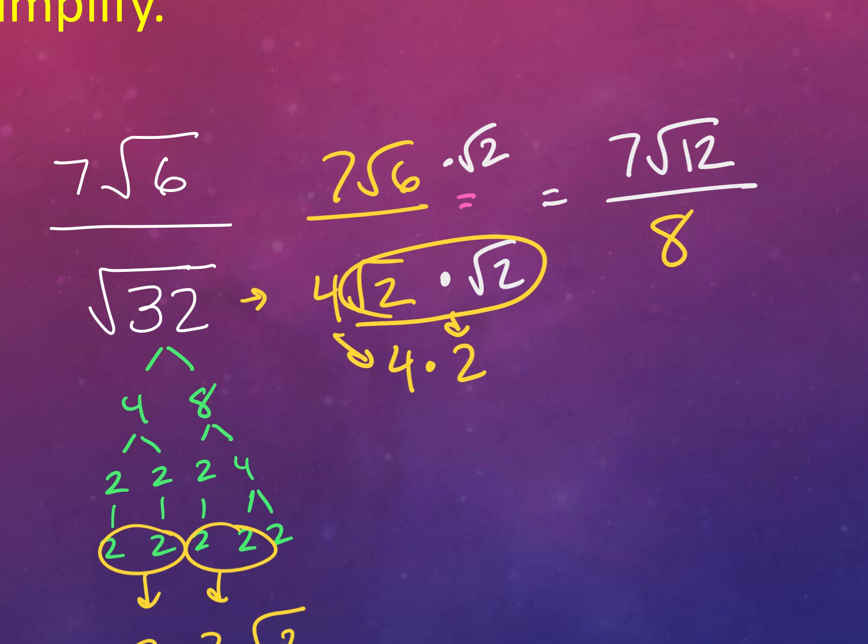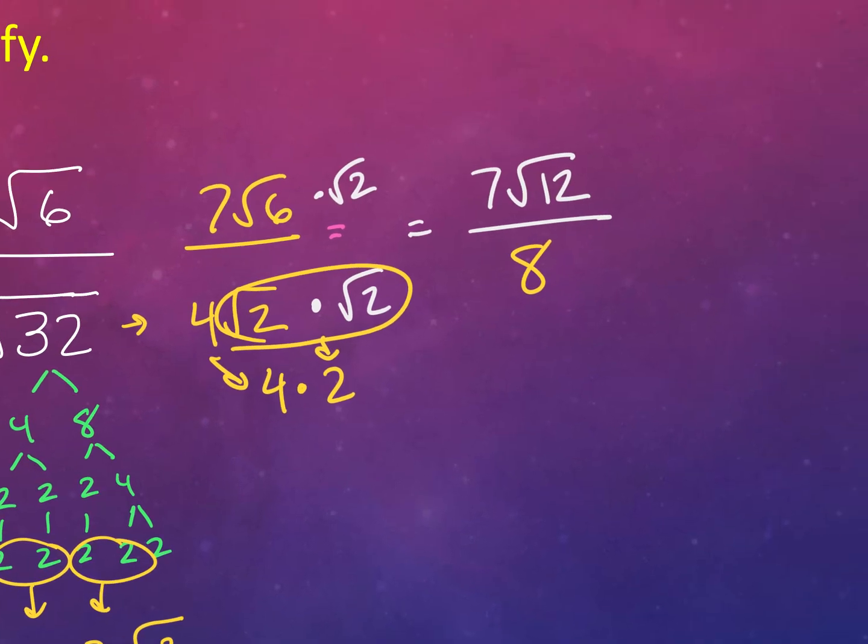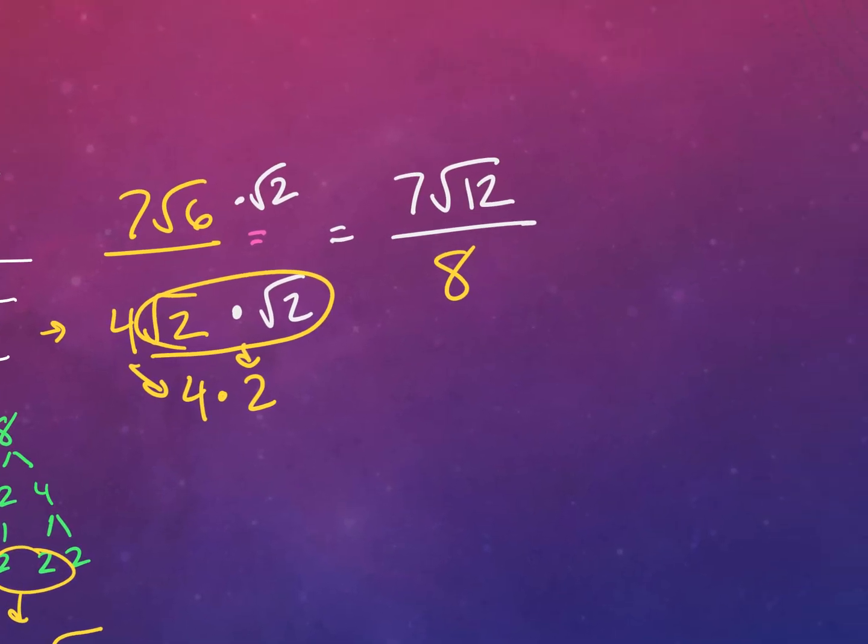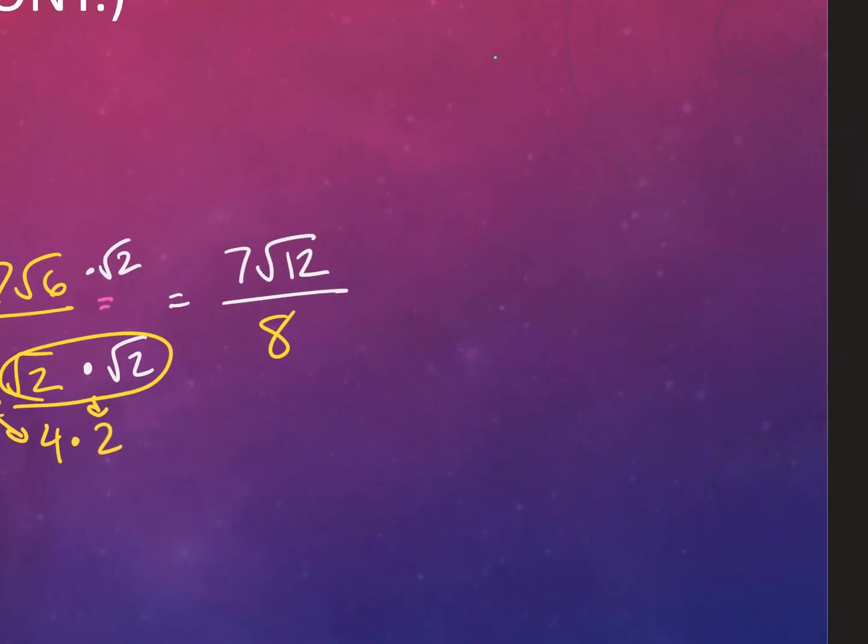So we rationalized. That was the goal, but can this be simplified anymore? How? Can I break down square root 12? What are 2 factors of 12? 6 and 2, or 4 and 3. That would work too. What are 2 factors of 6? 2 and 3.